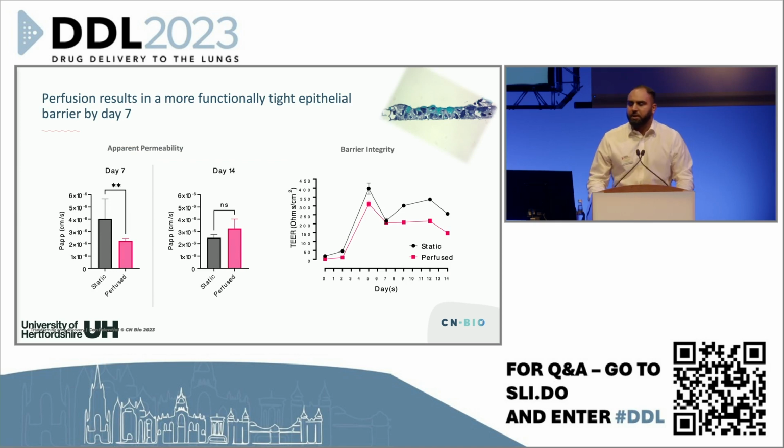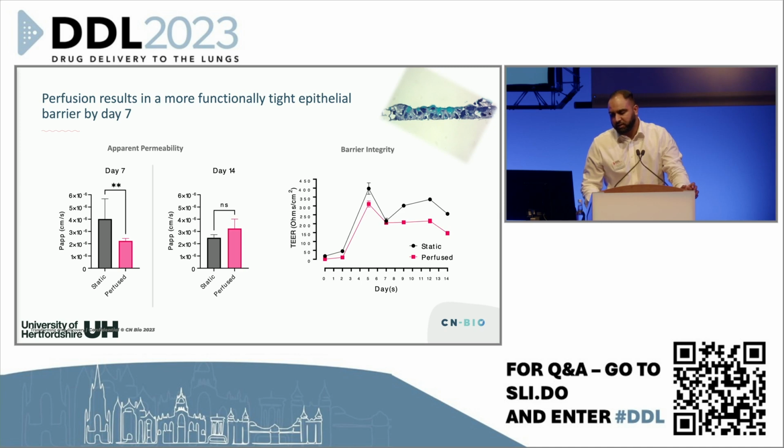What we saw was that the perfused system created a more consistent barrier throughout the 14-day culture, and we can see that in the TEER, where the TEER in the perfused system is not as variable as it is in the static system. That translated into our apparent permeability, where at day 7, the perfused system had a lot lower permeability than the static system.